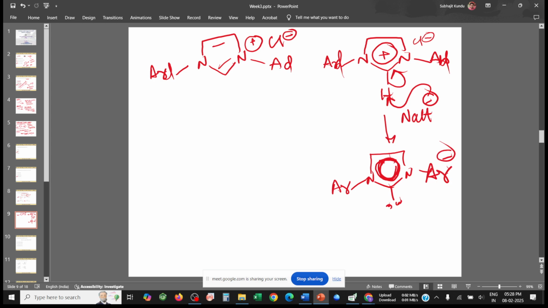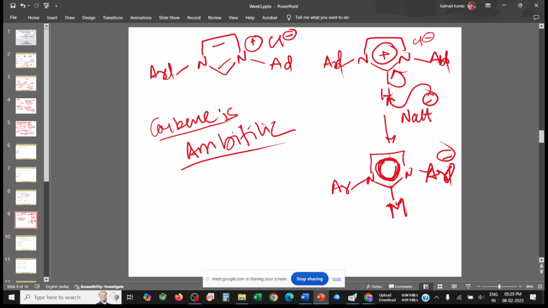If you have any metal precursor, it will bind to the metal, because this carbene acts mainly as a nucleophile. We know that a carbene is ambiphilic in nature, but the extent of nucleophilicity or electrophilicity depends.